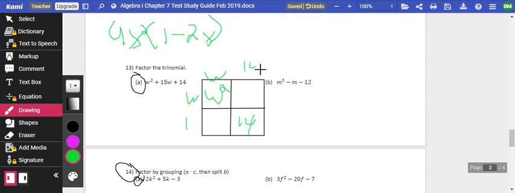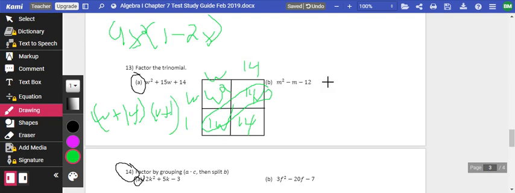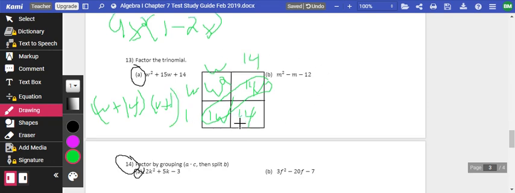We've got 1 and 14, because 14w plus 1w, I know these two add to give me 15. So make sure you put this as your final: w plus 14 times w plus 1. You will not get full credit if you just leave it around the square. We've got to actually do that.